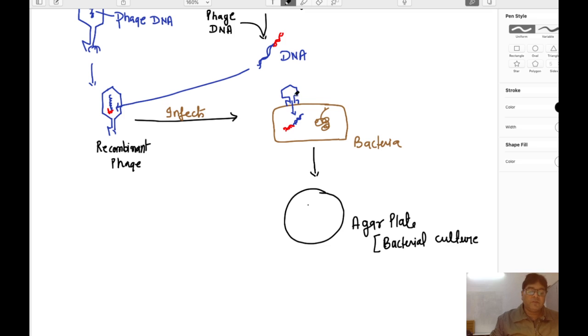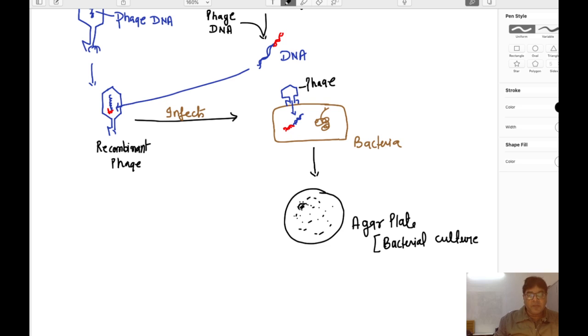Alright, so when this phage has infected the bacteria, it will cause certain changes in the bacteria, and the bacteria may undergo lysis, or some other changes occur in the bacteria. So if these are the bacterial colony, some of the bacteria which receive the gene of interest will be transformed, and then these phages will be formed inside this bacteria.